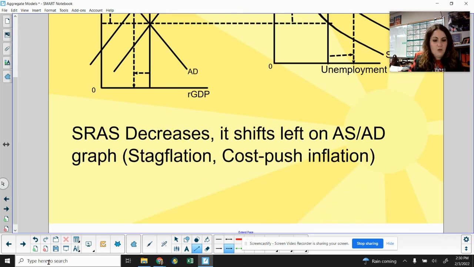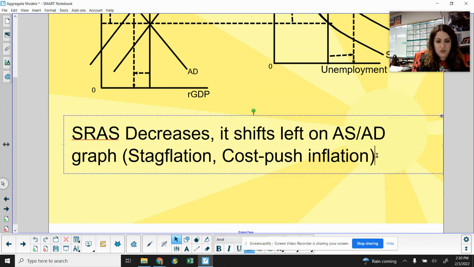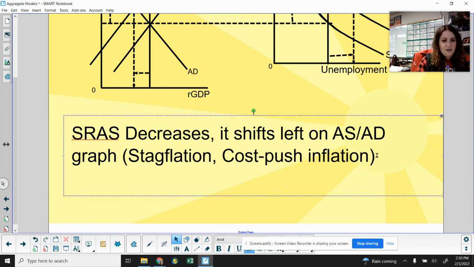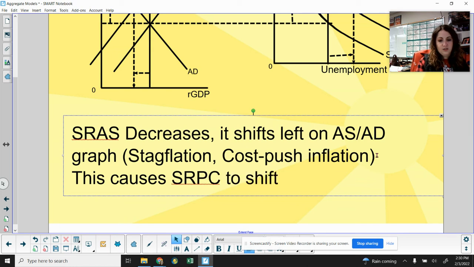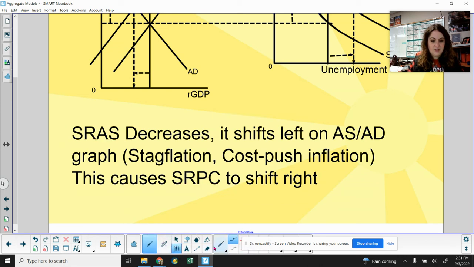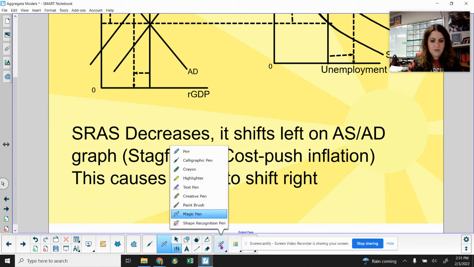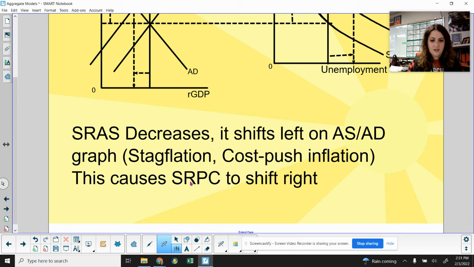And so while you have a leftward shift of aggregate supply, this causes the short run Phillips curve to shift right. So look at it like this. Let's highlight.